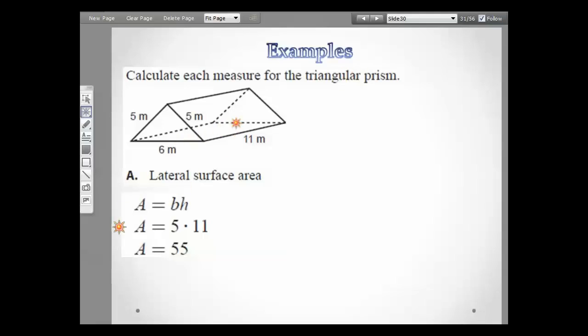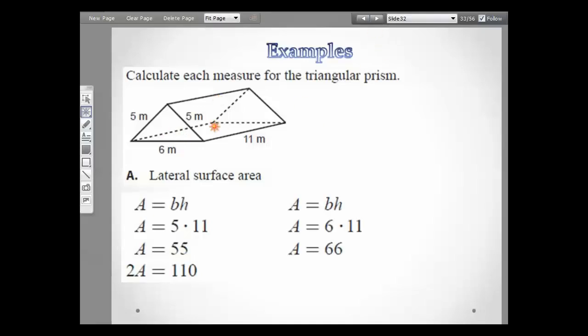Okay, so I figured out one of them is 5 by 11 gives me 55. Well, there's two of them. So I said 2 times A, and they put A for area, equals 110. Okay, so these two top rectangles or parallelograms are 110 meters squared.